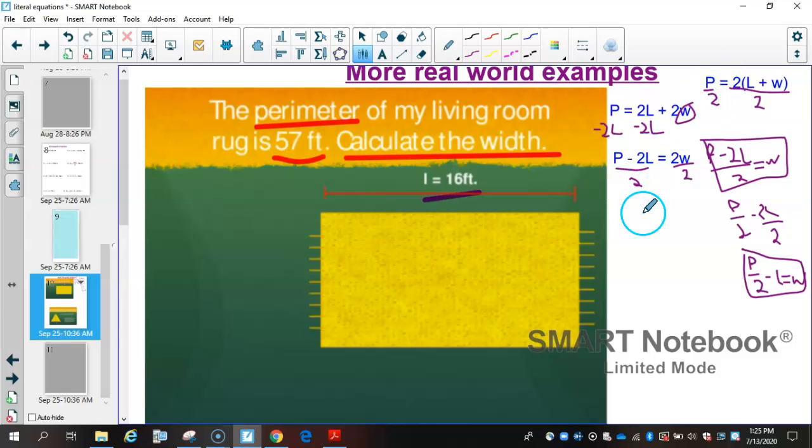Now I've already started running out of space, so I'm going to move this here. P over 2 equals L plus W. And to solve this for W, we would need to get rid of L. Now you may be thinking, wait a minute, isn't that what we just got over here, but we did that a different way? You are correct.